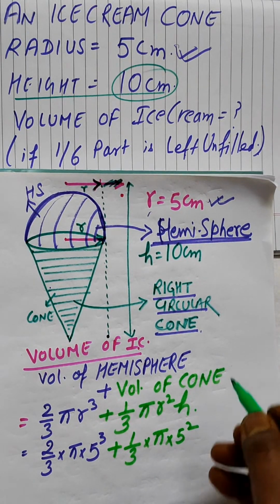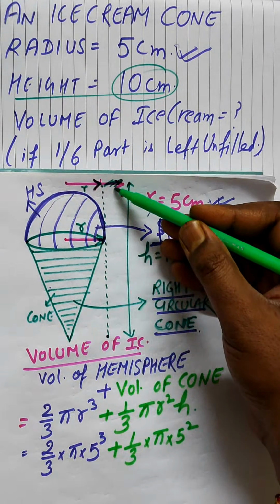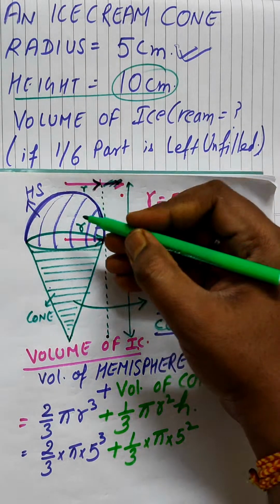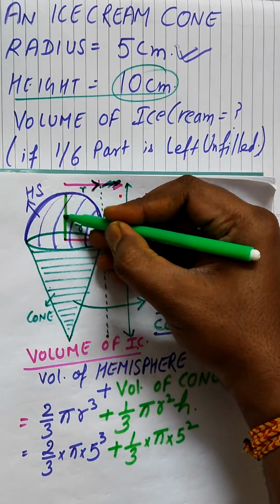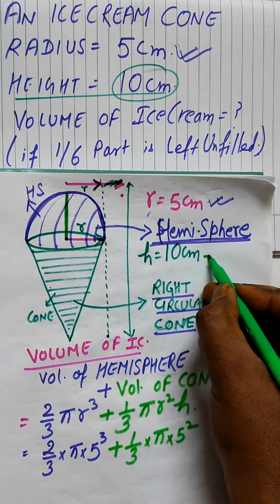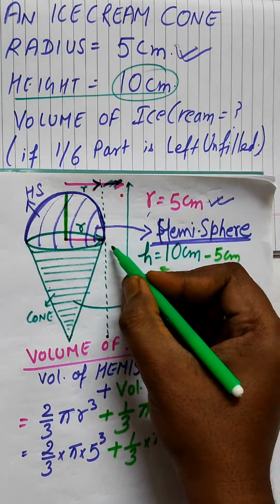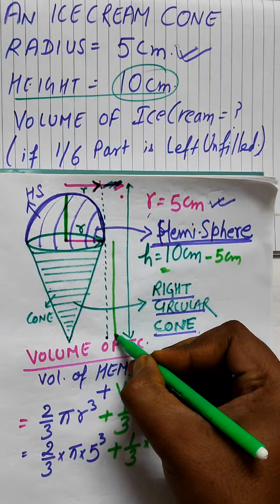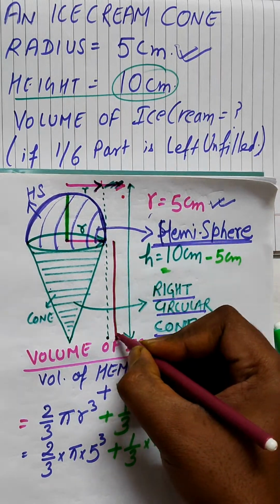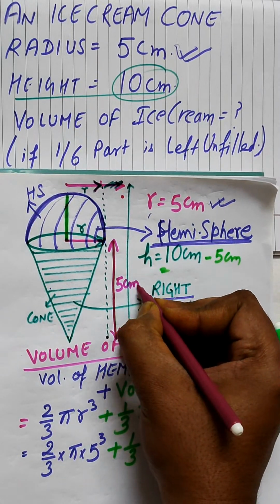And what will be the height of this cone? You can see the complete height from here to here is 10 centimeter. So the radius of 5 centimeter will be deducted from this 10 centimeter, and the exact height of this cone, from this point to this point, is only left with 5 centimeter, isn't it?